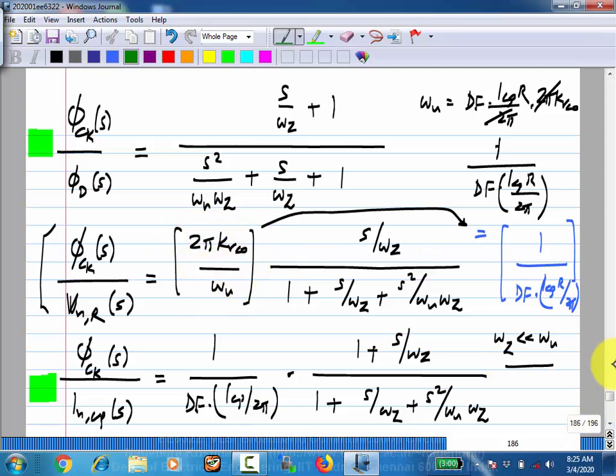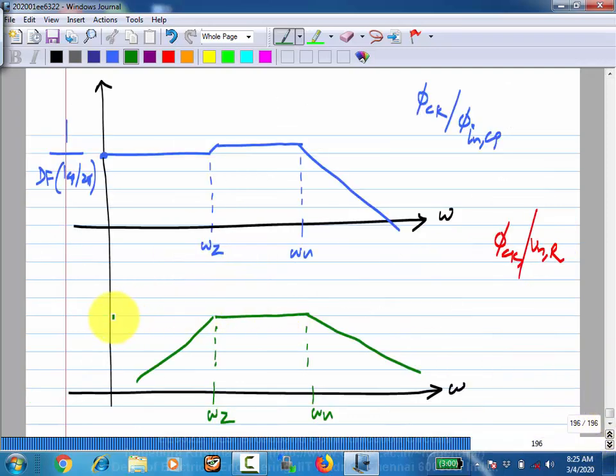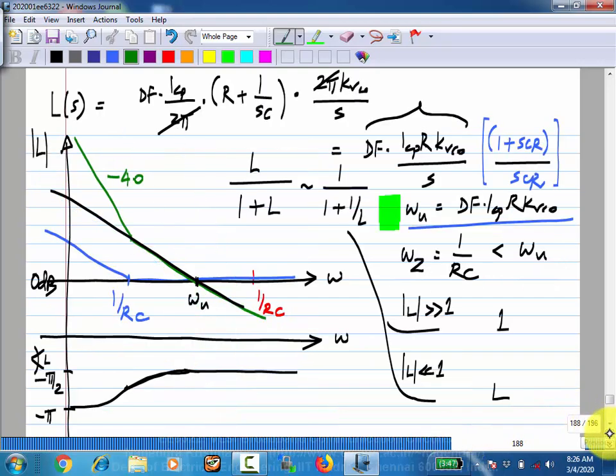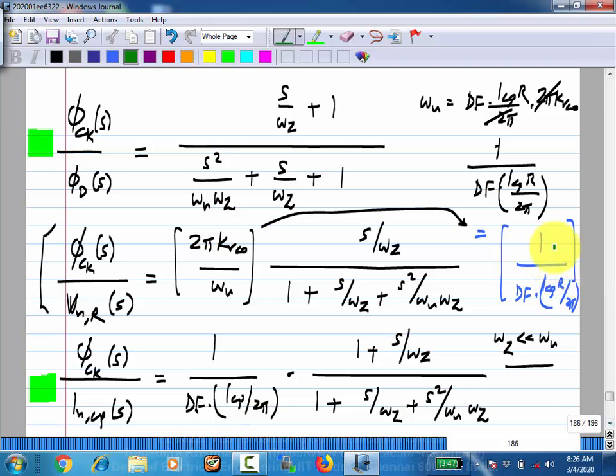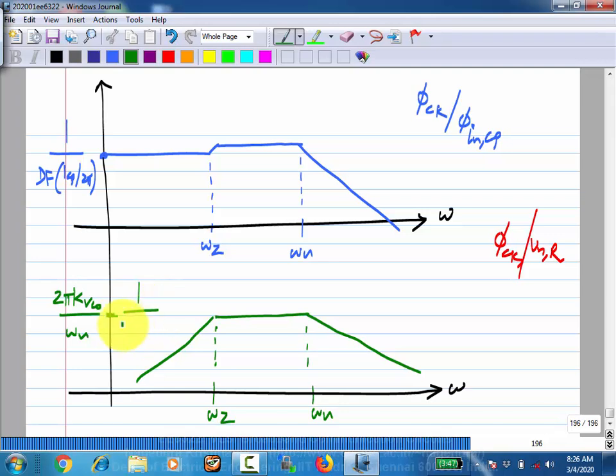So this factor will be the gain, which I think we said can also be written as this number, 1 by damping factor times I_CP R by 2 pi. It's the same thing. Is it okay?